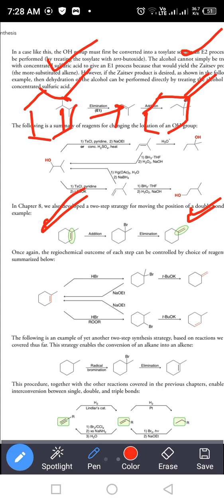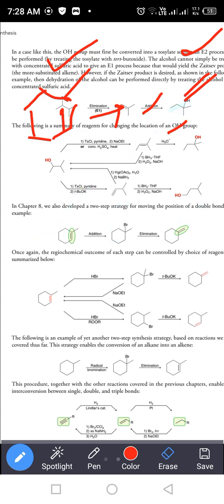So we have to design a strategy for how the position of the double bond is changed. So far we have discussed the position of bromine and the position of OH. Now the position of the double bond is changed. How can the position of a double bond, or a functional group, be changed?